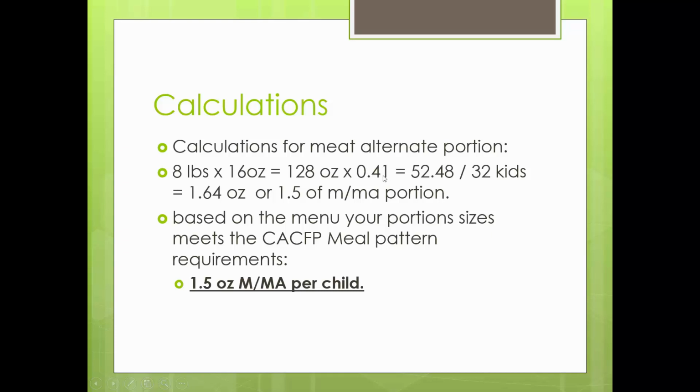So 128 times 0.41 is equivalent to 52.48, divided by how many kids, 32, which equals 1.64 ounces. Usually if you don't want to put 1.64 ounces, we do recommend you can always round down. So 1.64 ounces or 1.5, which is a minimum meat or meat alternate portion. So based on the menu, your portion sizes meet the CACFP meal pattern requirements, 1.5 ounce meat or meat alternate per child.